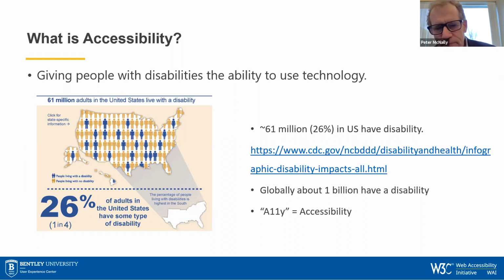And then globally, about 1 billion people have a disability. And one little side note, if you're new to accessibility and interested to follow it on social media, the hashtag folks use for accessibility is A11Y, and why they use that is if you count the letters between the A and Y in accessibility, there's actually 11 characters. So a little trivia there for you in social media land.